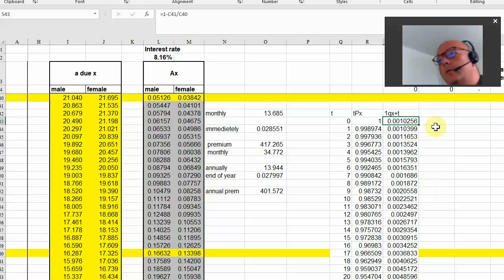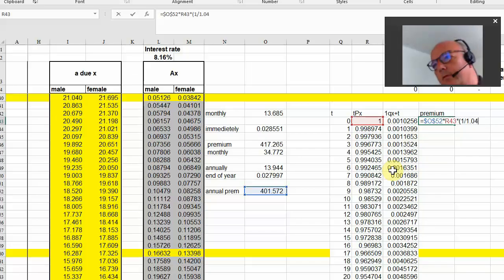Okay, so what premium are we getting? The premium that's coming in is equal to the annual premium, which we can dollar, times by the probability we're still alive at that point, times by the discount, which is 1 over 1.04, in other words v, to the power of how many years in the future it is.